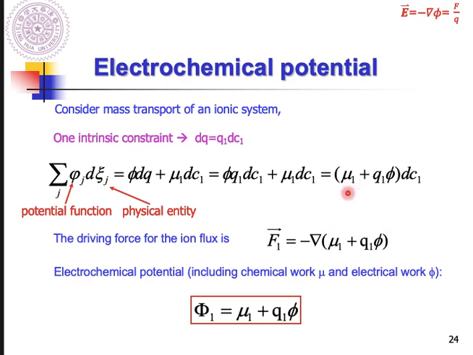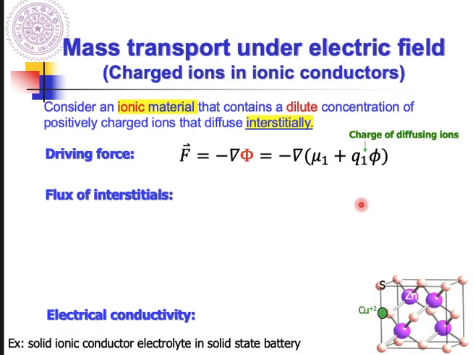So we take the gradient on this term, so you can combine the potential including the chemical work and also the electrical work. Let's move back to the previous slide, so you know why we can put the chemical work and electrical work together to get the total potential work.